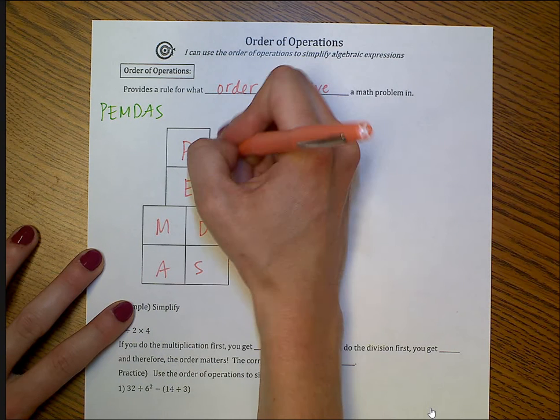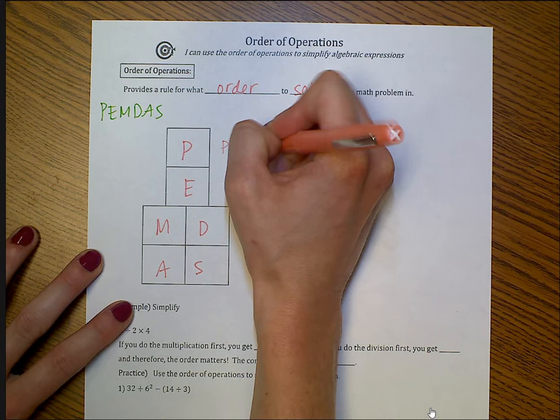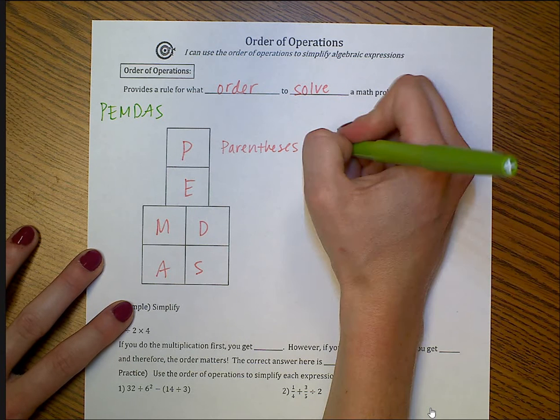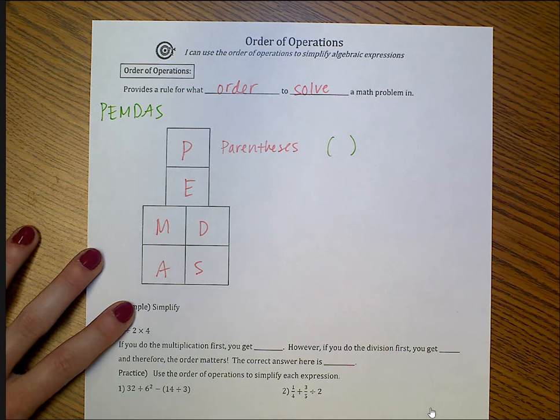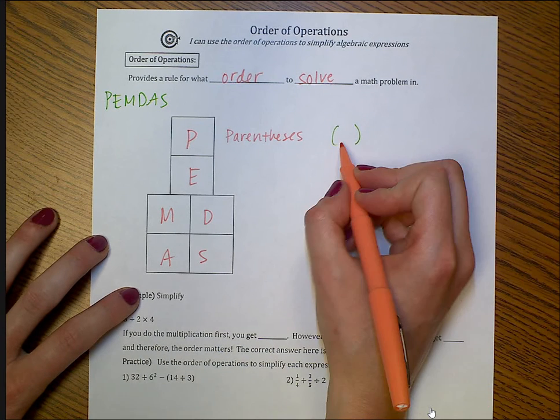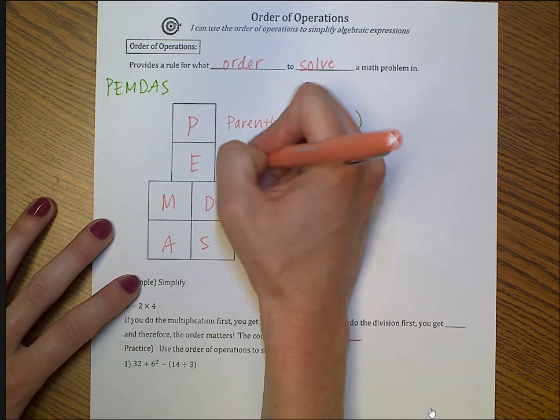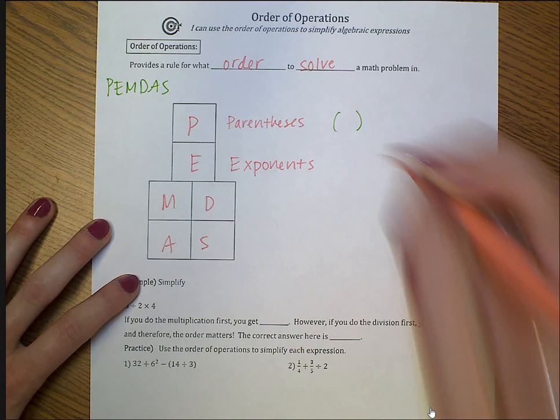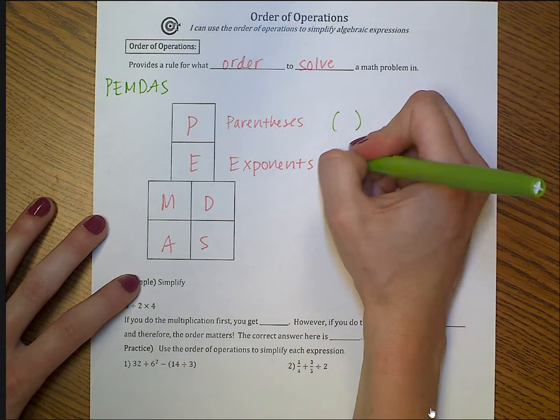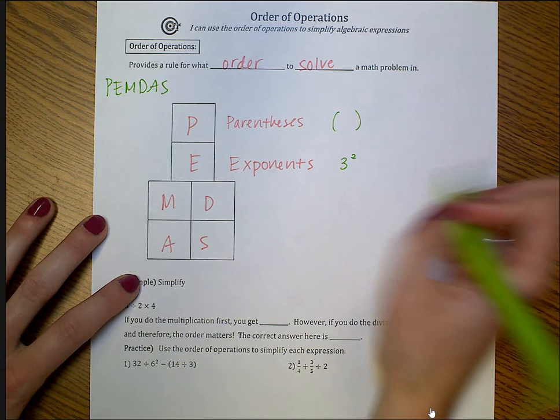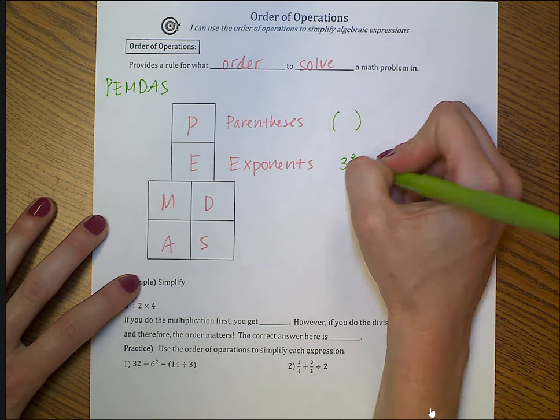So the P is parentheses. We all know what parentheses look like. If you see those, you take care of what's inside the parentheses first. Then you deal with the exponents. An exponent is something like 3 squared. It's got a little power there, or maybe like 4 to the 5th.